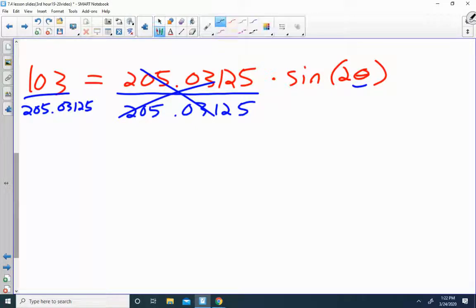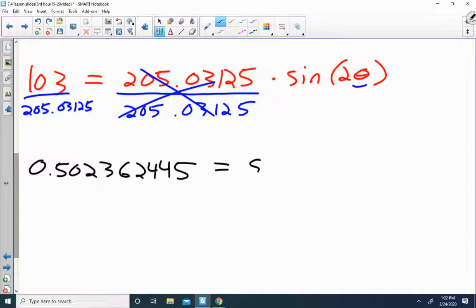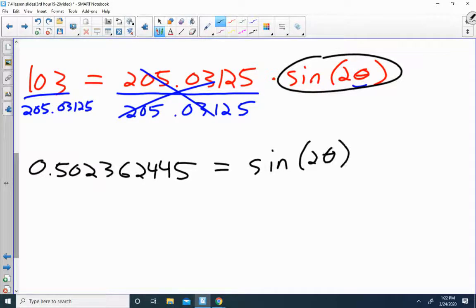So 103 divided by that answer, and we're going to get 0.502362445. Again, do not round. And that's still going to be equal to sine of 2 theta, because this already canceled out, and sine 2 theta is the only thing we have left right now.